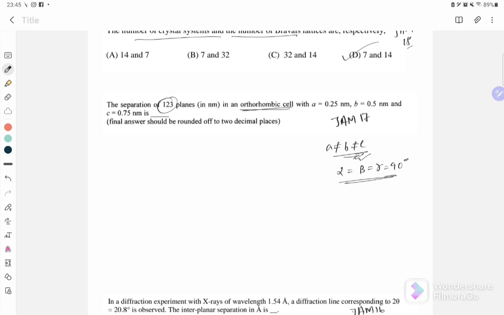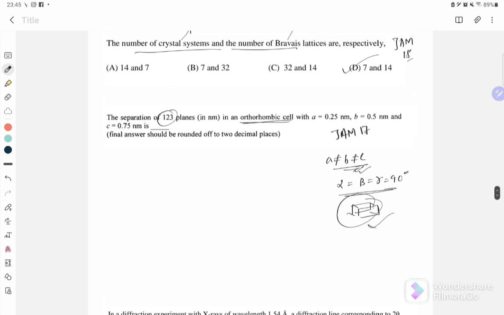We can take a matchbox as an example of this orthorhombic cell. The edges are not equal, but the angles are equal to 90 degree.